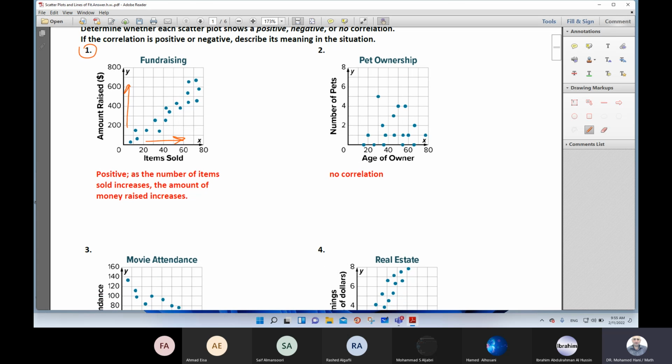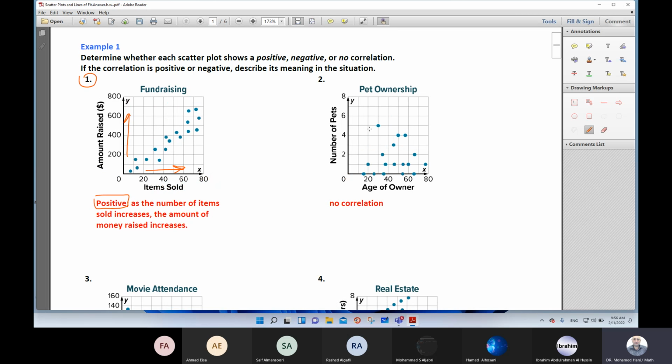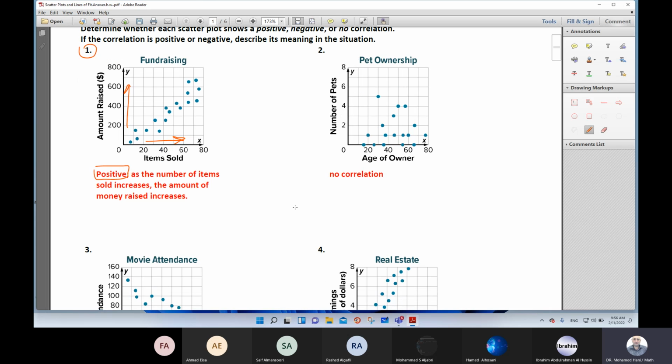So positive, as the number of items sold increases, the amount of money raised increases. Here, as you see, no related. So it means no correlation.